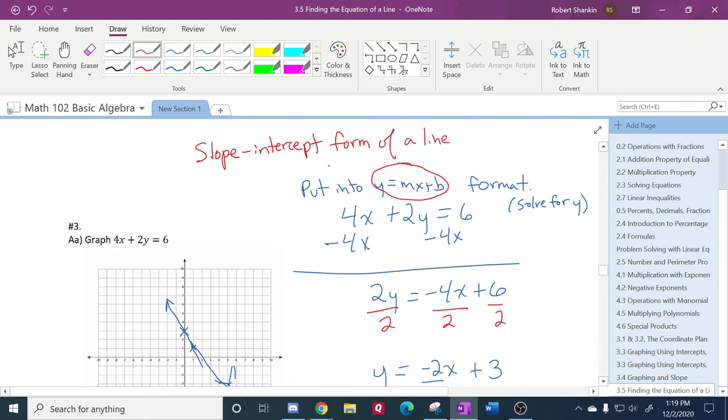Why is it called slope-intercept? Because the slope is there and the y-intercept is there. And you can immediately tell what these two things are if the equation is in this format. So this will be our preferred format going forward.